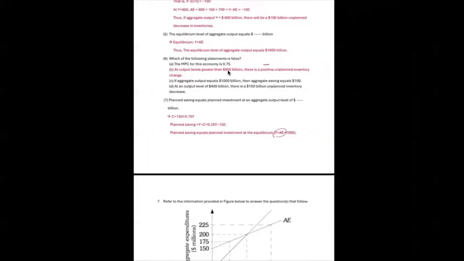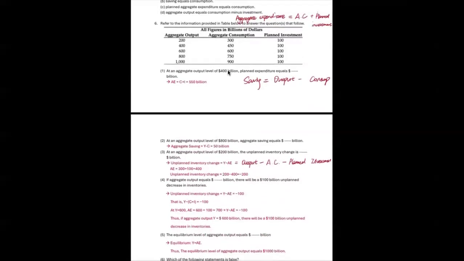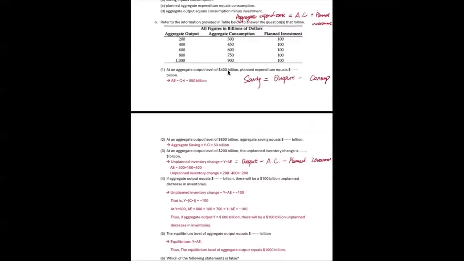Okay, so even though this is a long question, there are only two new equations that you need to know. Firstly, what's the definition of the aggregate expenditure, and what's the definition of the unplanned inventory change? Okay.